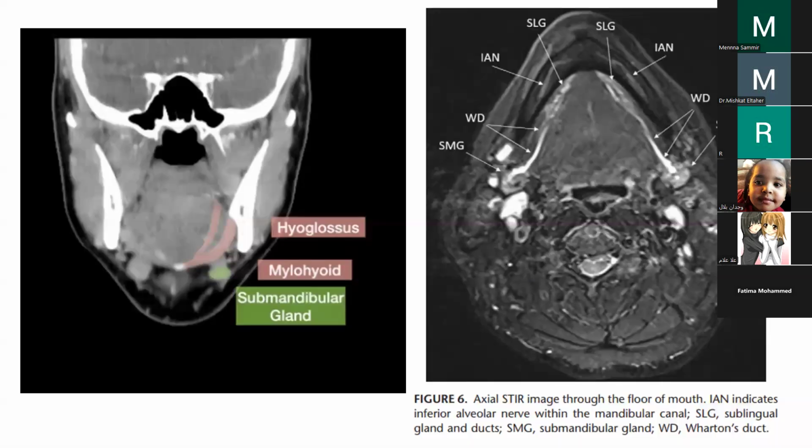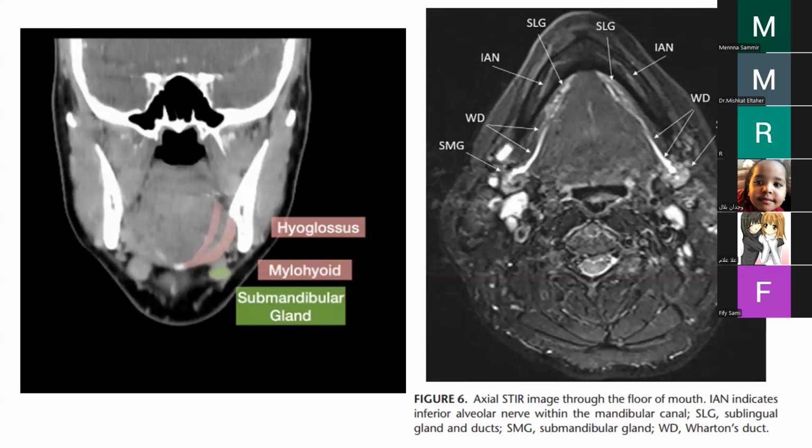Tracing those same landmarks on this coronal view, sitting along the posterior border of the mylohyoid are the submandibular glands, drained by the Wharton duct, noted by the initial letters WD in the image on the right. And on MRI, they are relatively hypointense on T1 and hyperintense on T2 and STIR.